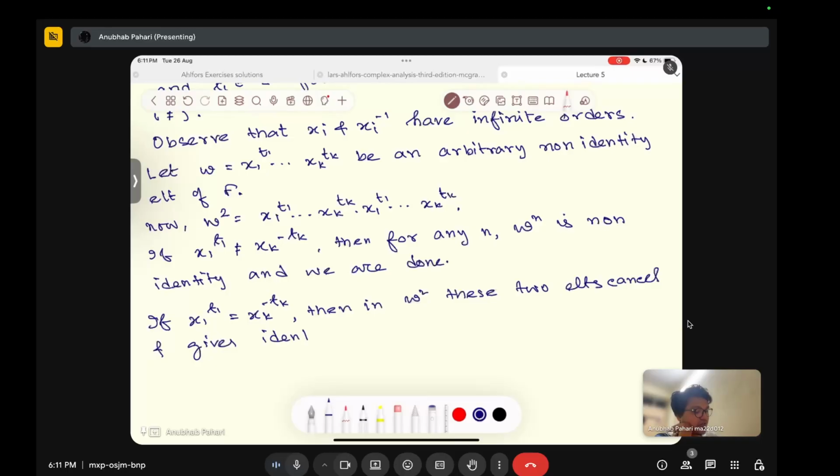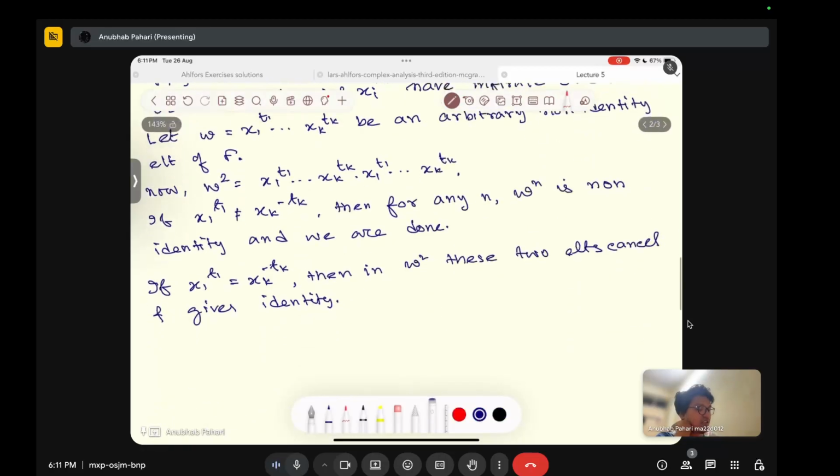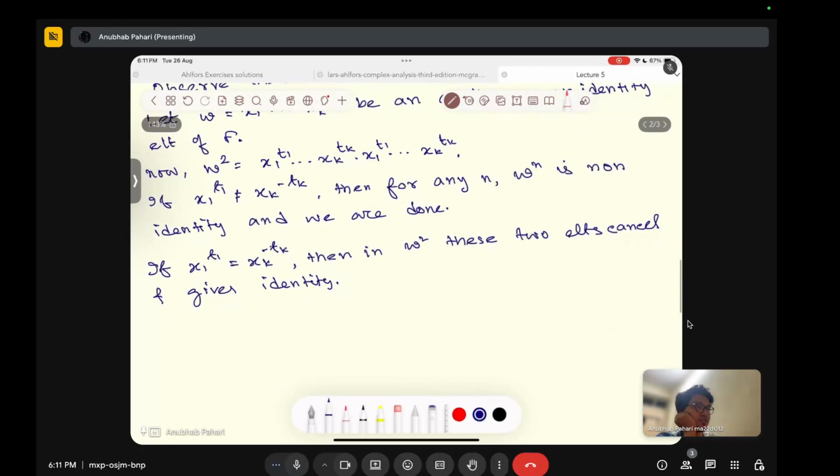So what I'm trying to say is, look at this product. If these two get cancelled out, we go to our second members. If they get cancelled out, we go to our third members. So this is the iterative process we are following.